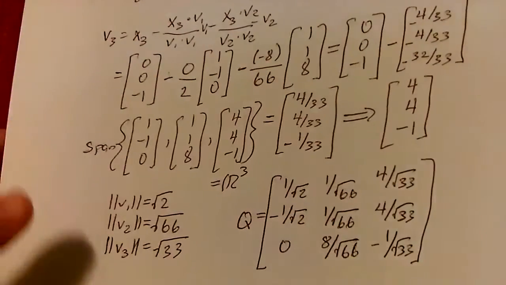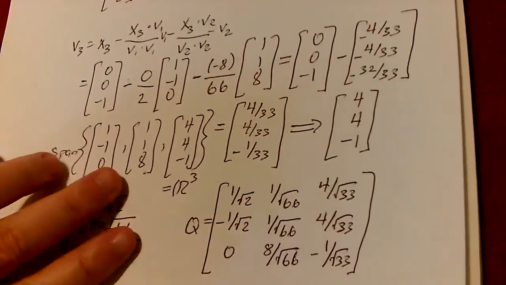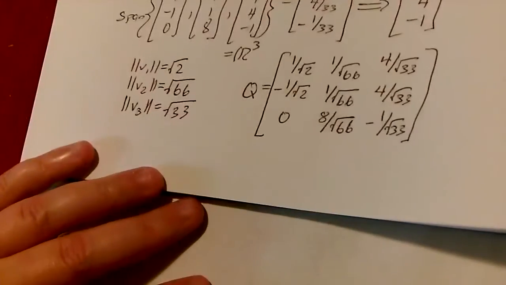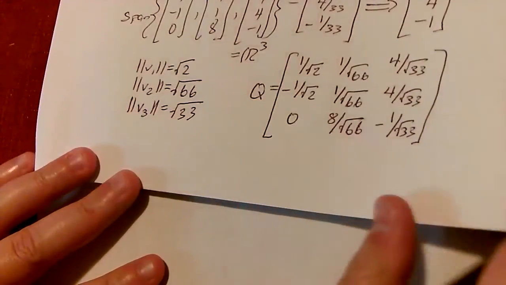Okay? So let's go back and look at our first example here, right? So I had this A equals QR idea. Okay? So I've got Q. Get this where you can see it all at once, hopefully. Play with my camera a little bit here. So I've got Q here.